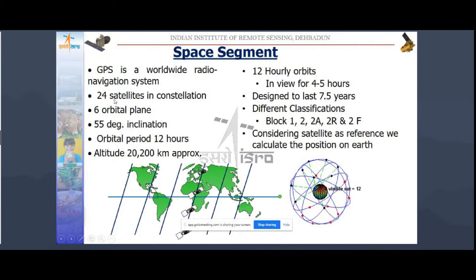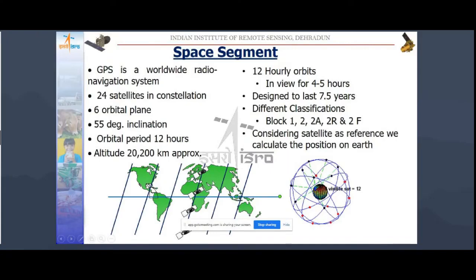If any satellite is not working, it will be replaced by another satellite. They are orbiting in 6 orbital planes. You can understand like this: one orbit, this blue slanting line you can see here. These are the orbits. The 6 orbital planes are there, 1, 2, 3. In each orbit there will be 4 satellites.